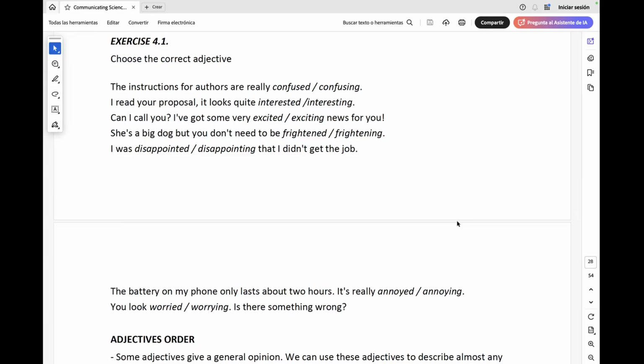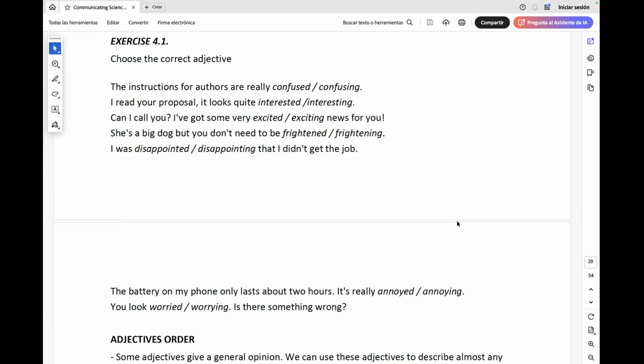How would you convert this sentence in order to use confused? If we use confused, we will be talking about the authors. So it could be the authors are really confused by the instructions or something like that, I think. Yeah, that's it.